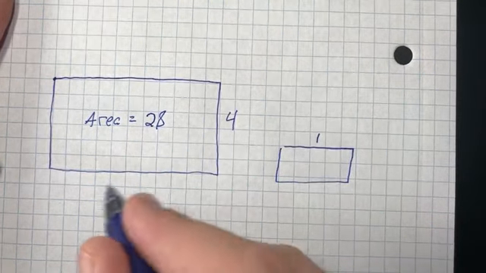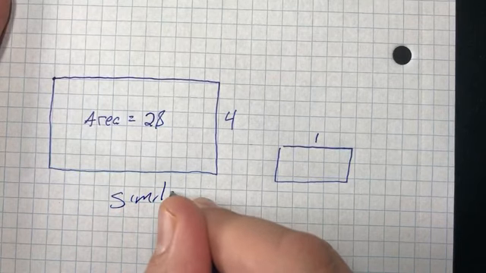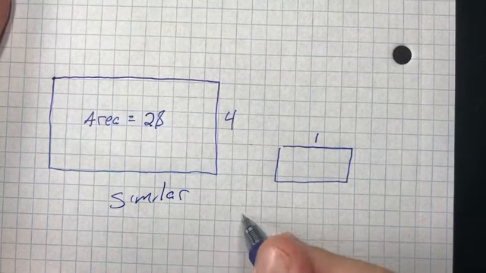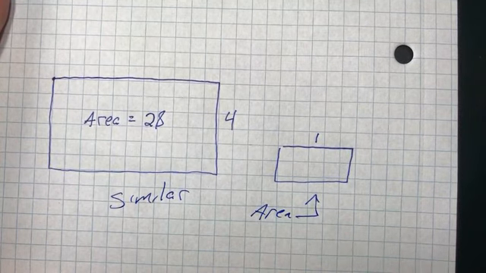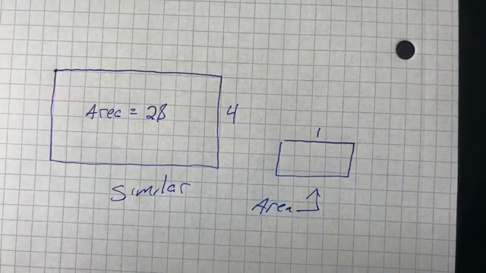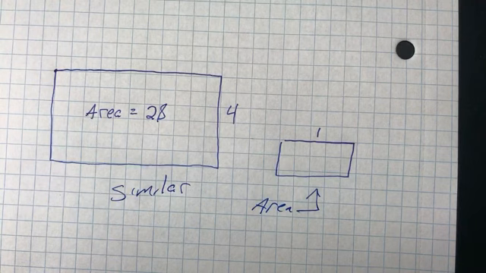So these two rectangles are similar. What I want to know is what is the area of this little guy right here? What is the area of that little guy right down there?